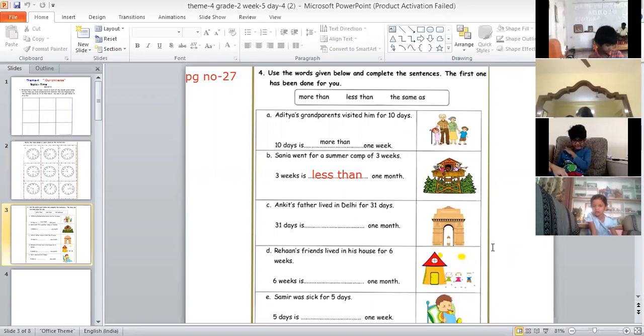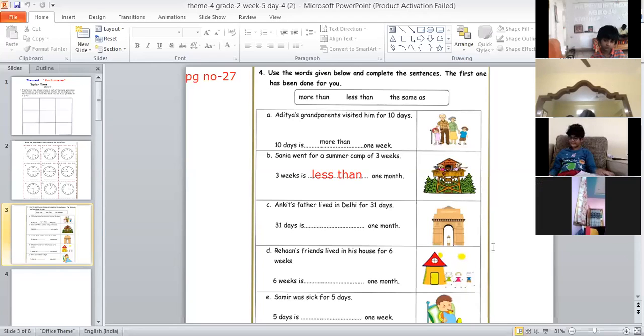And how many days are there in 1 month, Adya? 1 month, 7 days. Okay, and in 1 week, how many days? 7 days, ma'am. So in 1 week there are 7 days, and in 1 month also there are 7 days, right, Adya? Yes, ma'am. No, no, Adya.